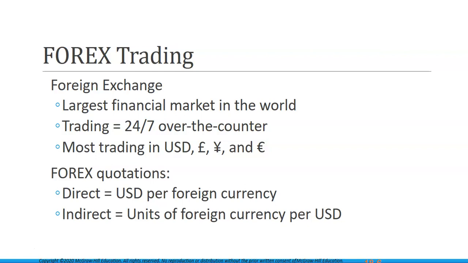Direct shows the US dollar amount per foreign currency, and indirect shows units of foreign currency per US dollar. This is the most popular website for looking at what the foreign exchange is, and this market is a place where you can trade.